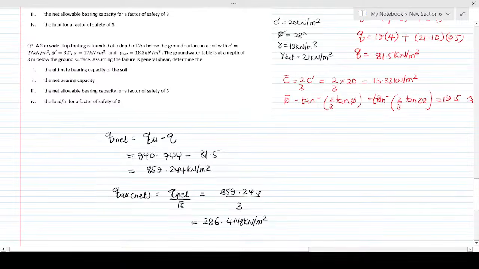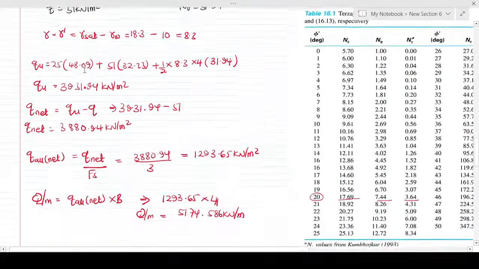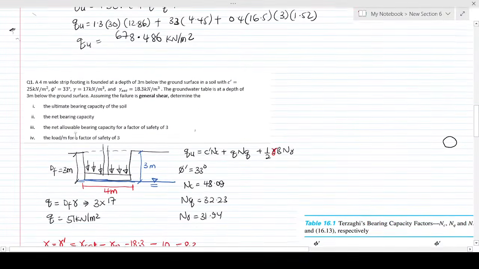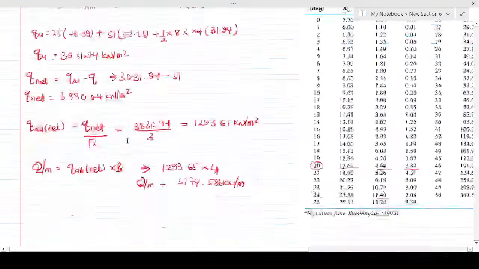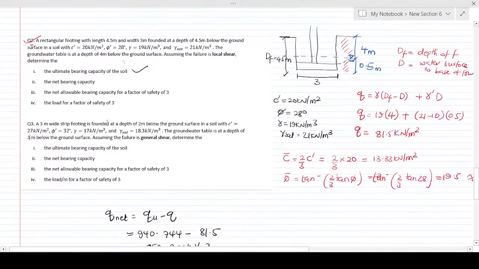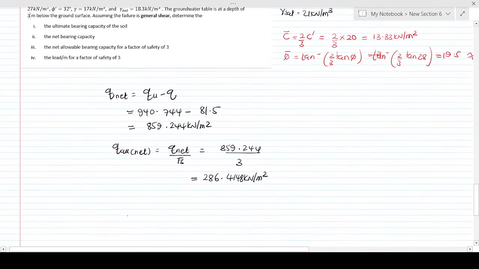Then the last question is the load for a factor of safety of 3. When we were looking at the strip foundation, the question was load per meter because for the strip, the length is very long, so we want it per meter. But here, it is a rectangular foundation, so we can easily find the area, right? So the load is equal to the q allowable net times the area.